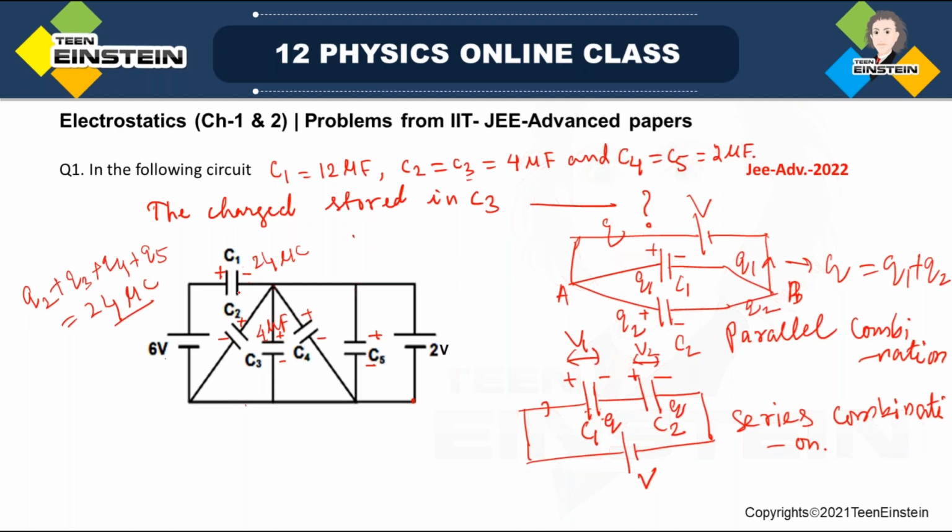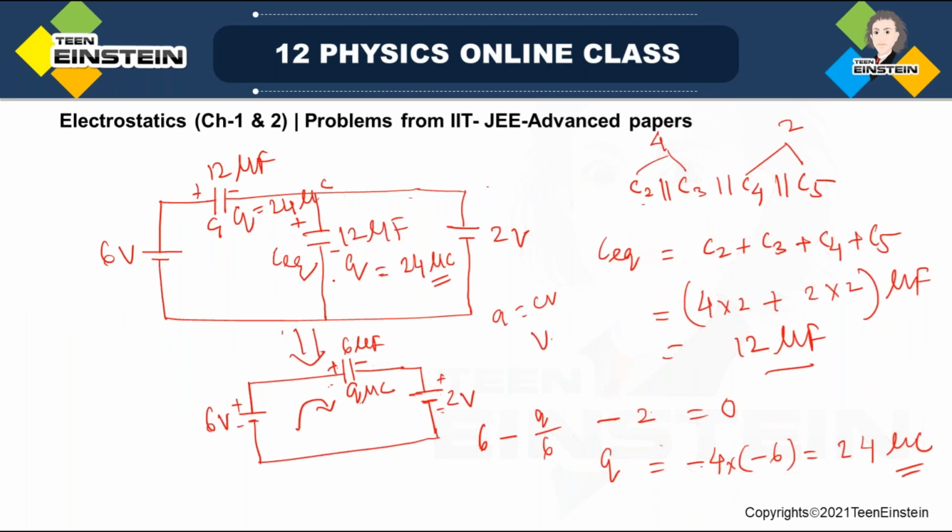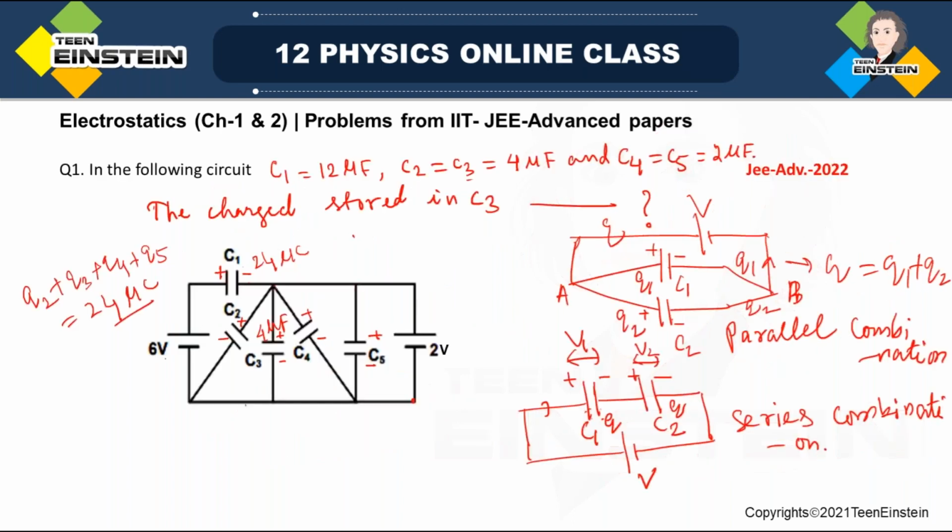Look, we have charge across this, and the total equivalent capacitance also we have. So if we want to find out the charge across each of them, first of all we need to know the potential across the plates.